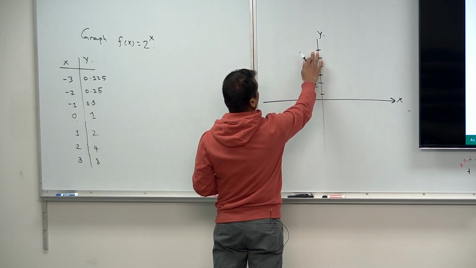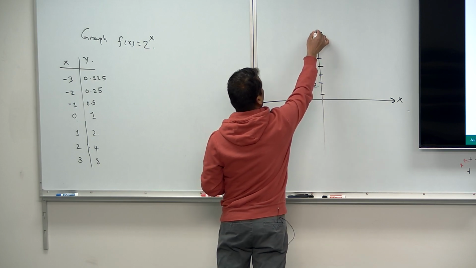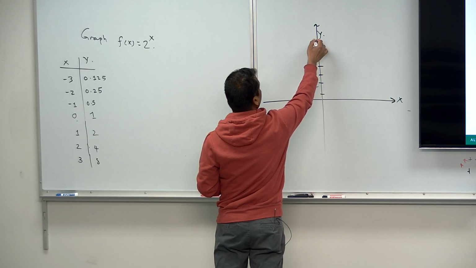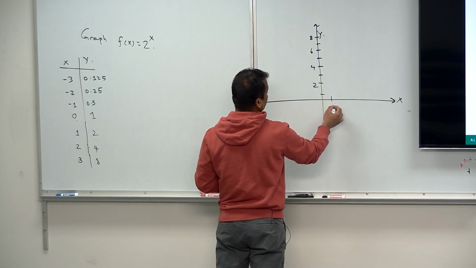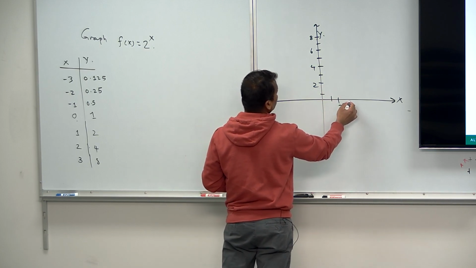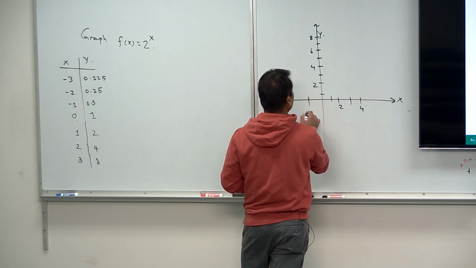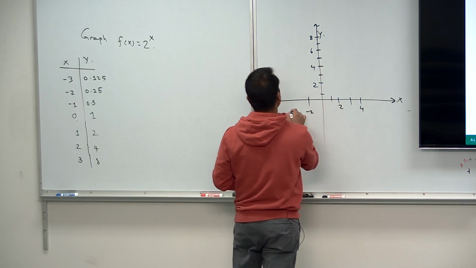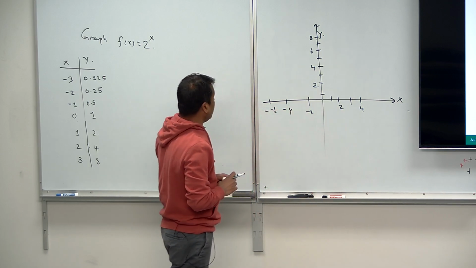Sorry, this is 6. And this is 8. And here is 7. And similarly, you can do that. This is 2, 3, 4. And here you have -2, -4, -6, something like that. Okay?